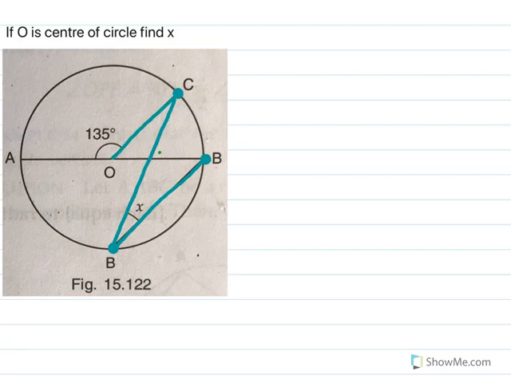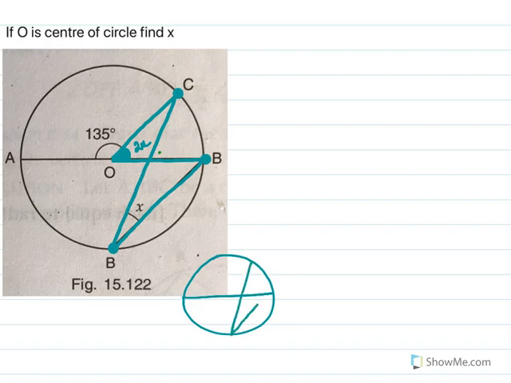So here we go to the center, and now we get this angle. Now if this is x, you definitely agree the angle here will be 2x. Now see what I have done. This is a circle. Here is the diameter, and from this point, if this is x, and here we have the center.